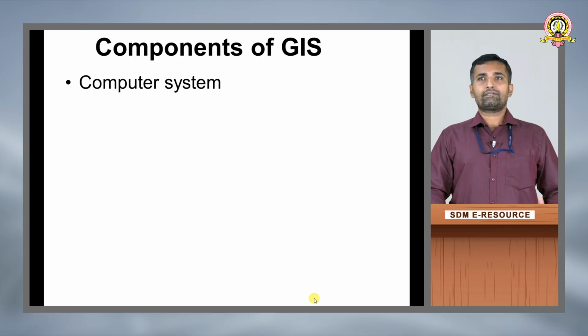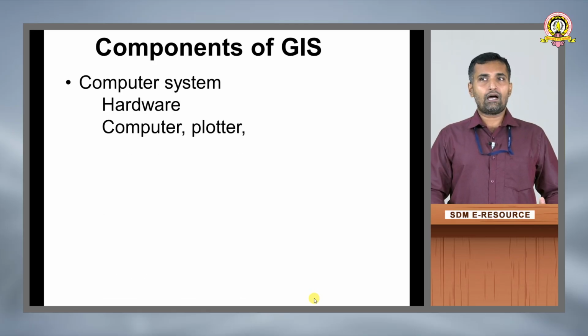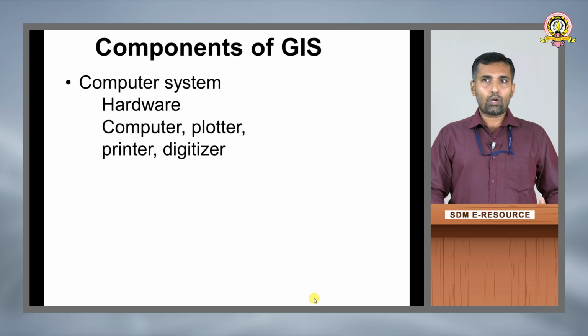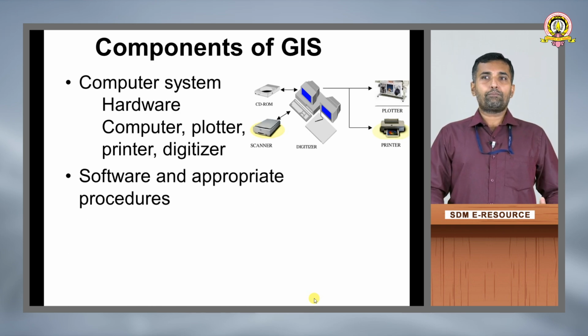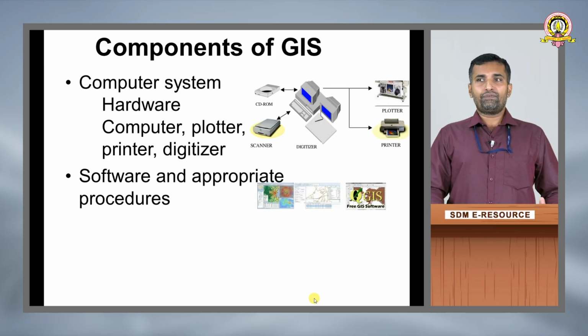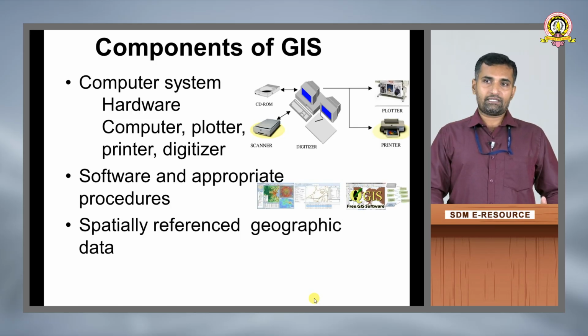The components of GIS: computer system, hardware, and plotter, printer, digitizer. These are all hardware components of the GIS. Then we have the software component and appropriate procedures. There are paid softwares, and also there is one software called QGIS. It's open source software, and can be used effectively for GIS operations. And one more very important component is the appropriate procedure for GIS operation.